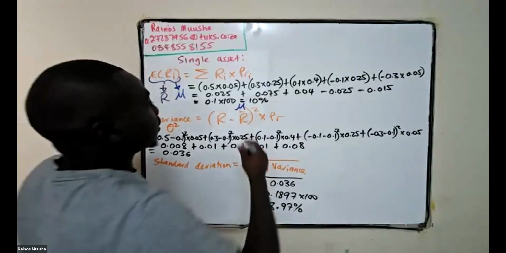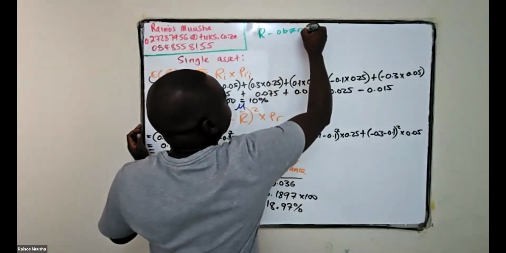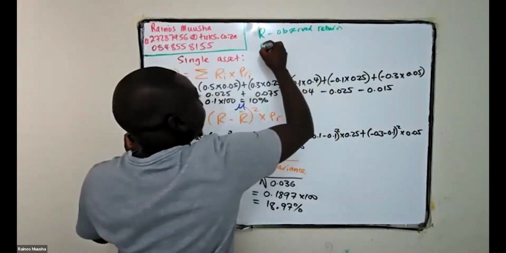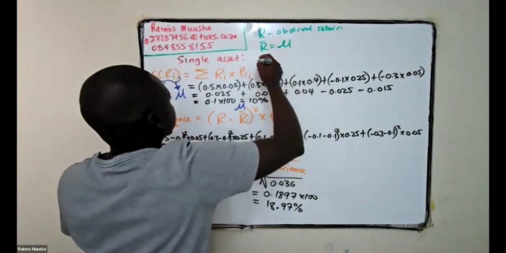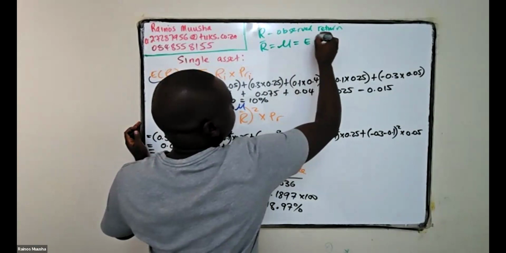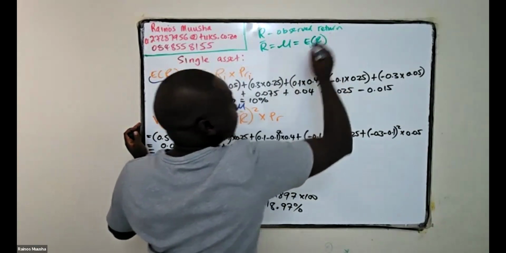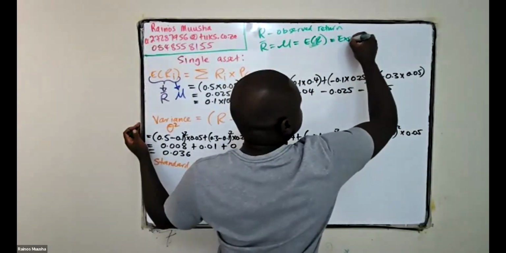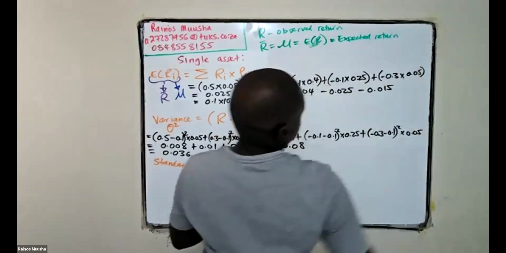Remember, your R is basically your observed return, and your R with a bar on top, which is also your mu, which is also your E of R within brackets, represents your expected return.